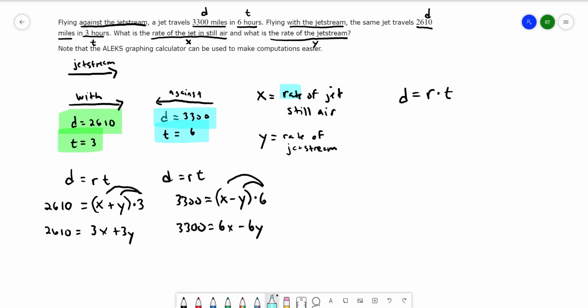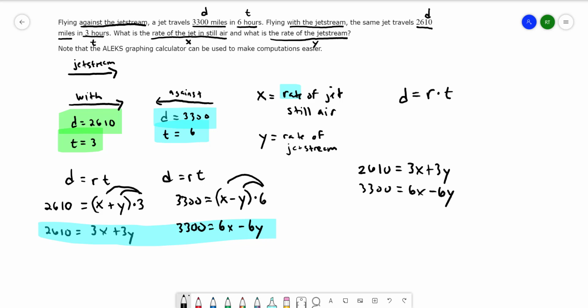And if you notice, now I have a system of equations, and now I can actually go ahead and solve this using the elimination method because they're both written in standard form. So I'm just going to put 2610 equals 3x plus 3y. The other one is 3300 equals 6x minus 6y. And now I'm just going to use the elimination method to go about solving this.